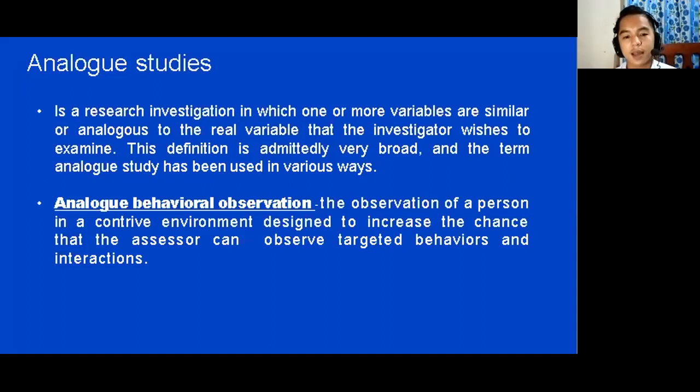Next is the analog studies. An analog study is a research investigation in which one or more variables are similar or analogous to the real variable that the investigator wishes to examine. This definition is admittedly very broad, and the term analog study has been used in various ways.